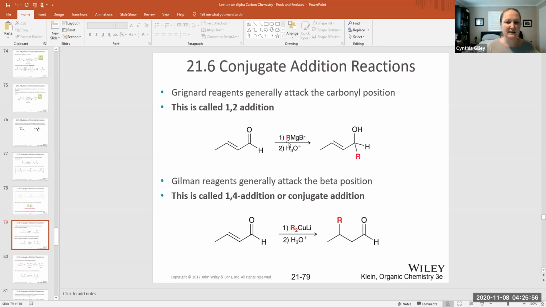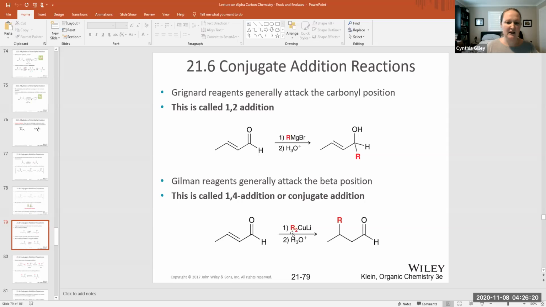What that tells us is that the carbon attached to the magnesium has a much more significant negative charge, and as a result is a much stronger base and stronger nucleophile, whereas the carbon attached to the copper does not have as significant a negative charge, and as a result is a much weaker nucleophile slash base.